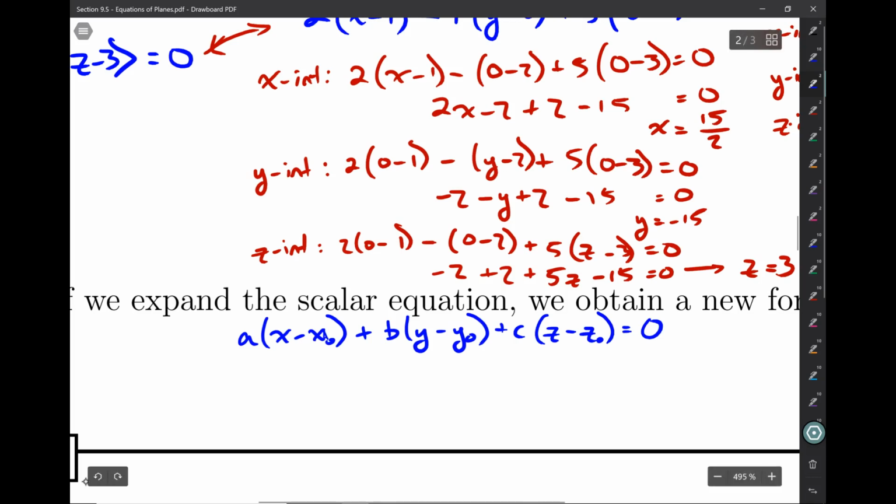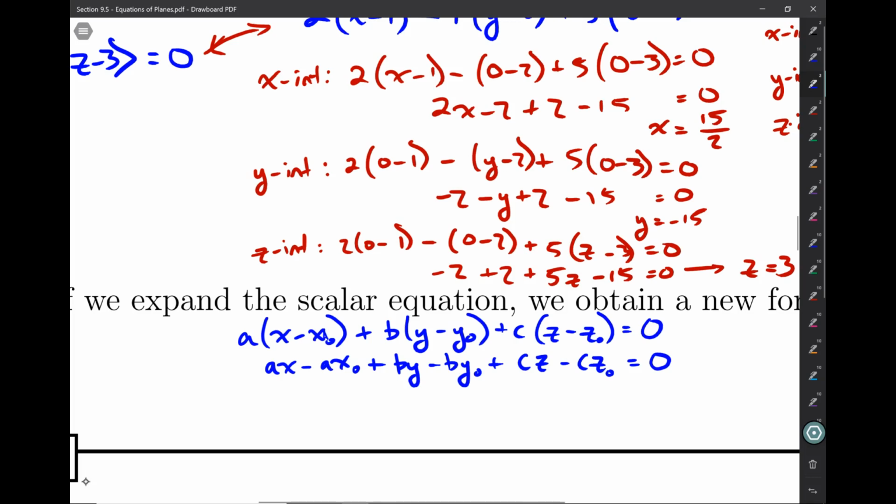If we multiply a in, we get ax minus ax naught. Multiply b in, we get by minus by naught. Multiply c in, and we get cz minus cz naught. And if we rearrange these, now x is a variable, y is a variable, z is a variable. A, b, and c are just numbers. X naught, y naught, and z naught are all numbers.